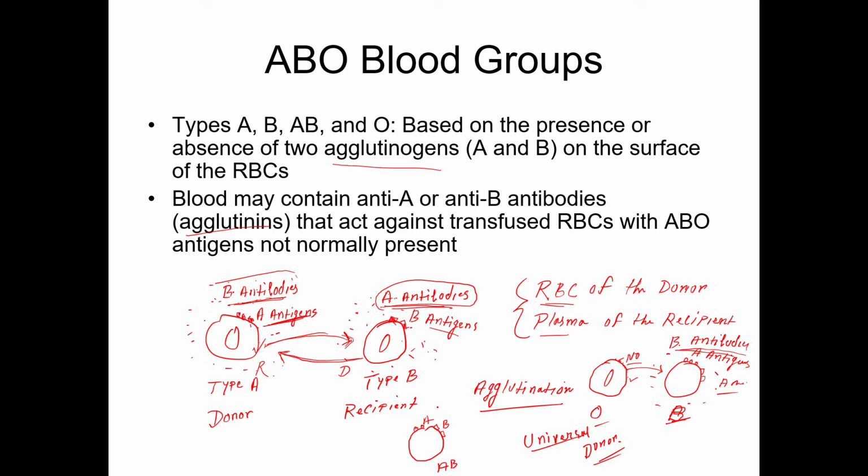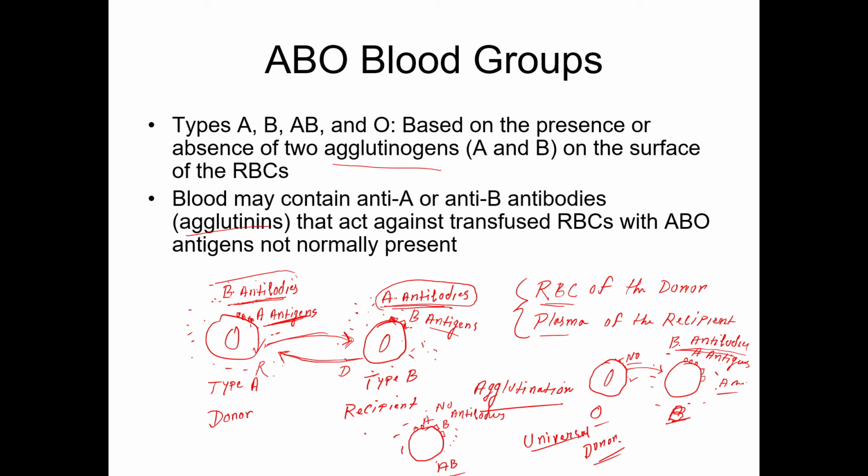So corresponding antibody must be absent. So in the plasma of AB, no antibody. Because on the red blood cell you have both antigens A and B. That's why it is type AB. So in the plasma, no A, no B antibody.